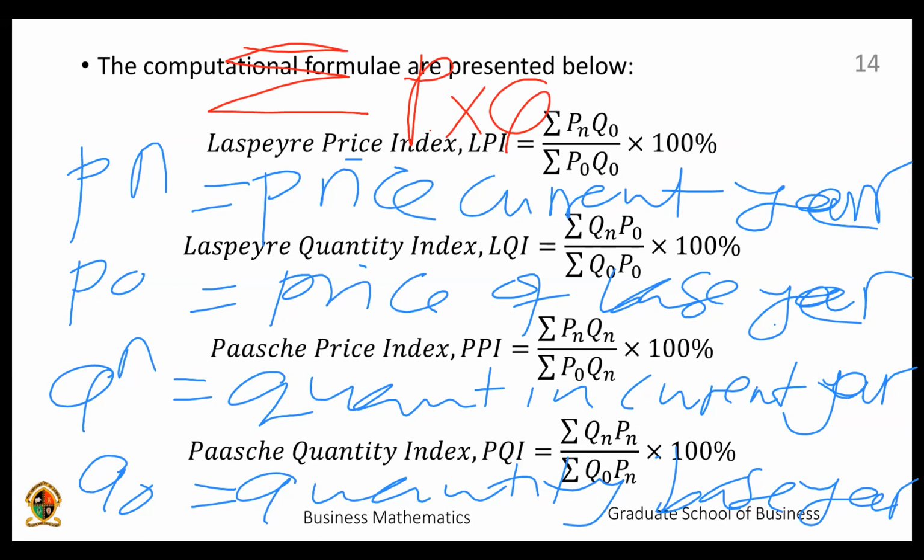You multiply the two. And then you keep on summing because you have different quantities and different prices, since the goods are many, as you're going to see in the example. You have to keep on multiplying the price times the quantity plus again the price of some other good times the quantity of the other good, just like that. That's how you sum. Okay?